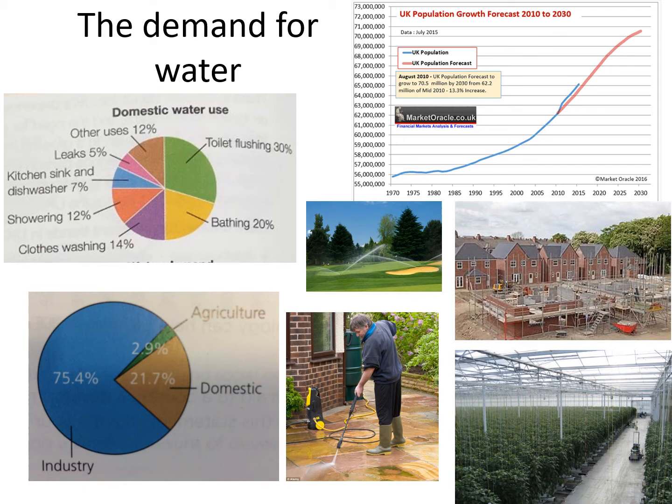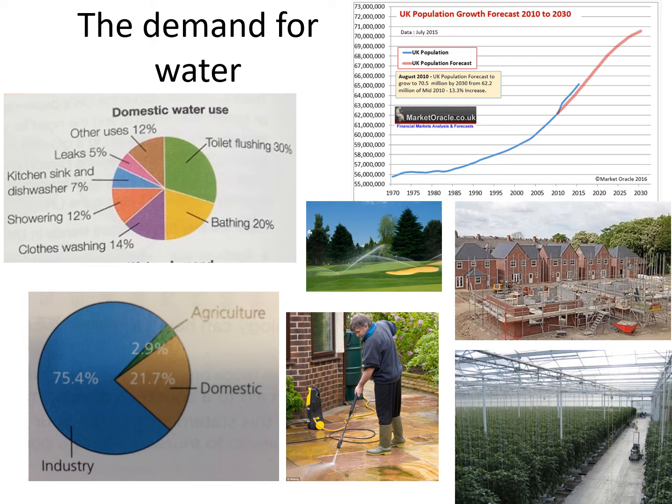Look at the bottom pie chart. Now the brown segment is the domestic use. So all the things that we've just been talking about in that above pie chart fit into that segment. That's 21%, just over, of the water in the UK is used in our homes.